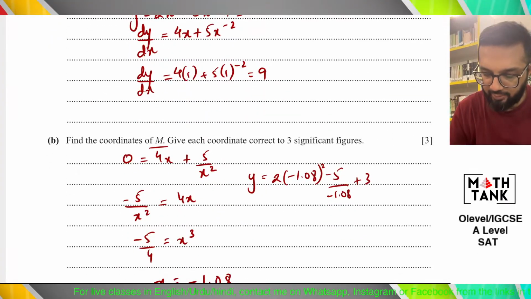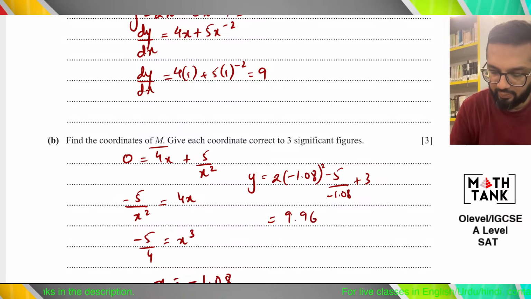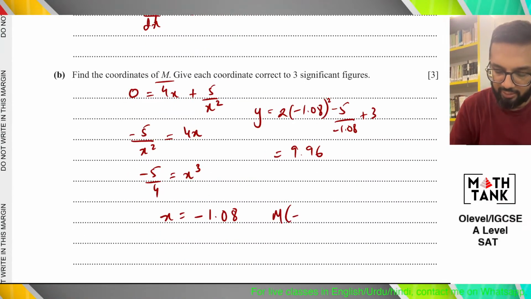Okay, so calculating that again, 2 into minus. So 9.9. So M is basically minus 1.08.